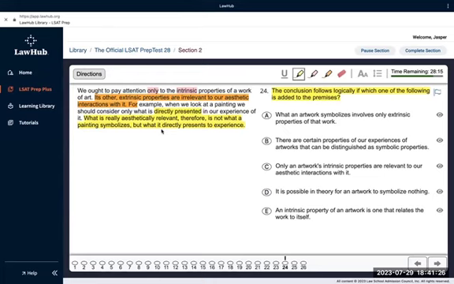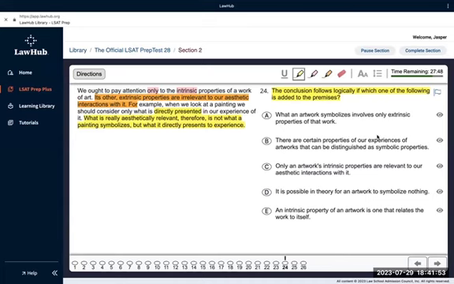Okay, so A: what an artwork symbolizes involves only extrinsic properties of that work. That would help, so I'm going to leave that for now. B: there are certain properties of our experiences of artworks that can be distinguished as symbolic properties.